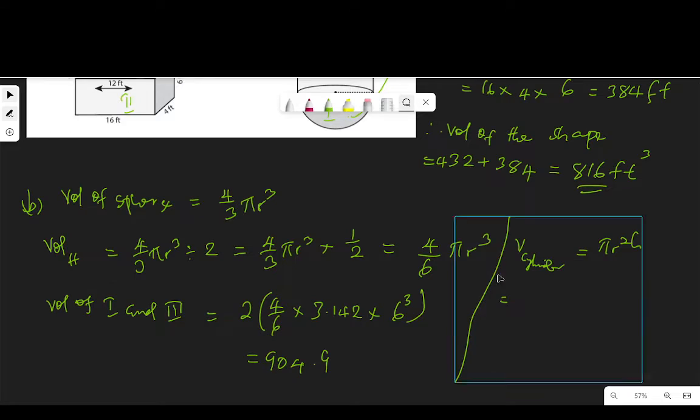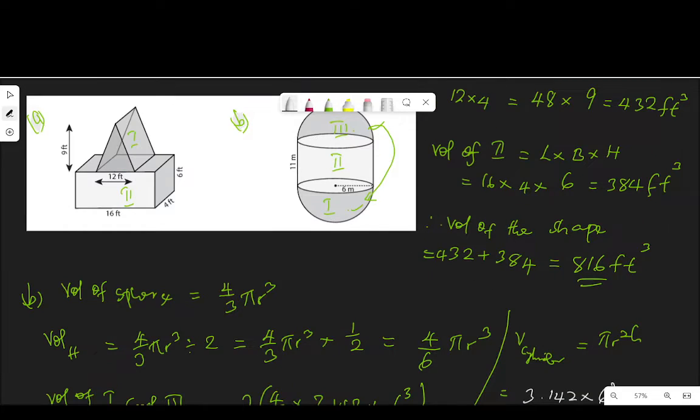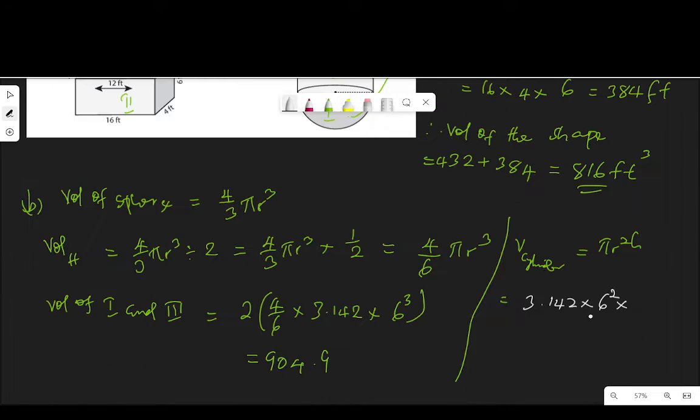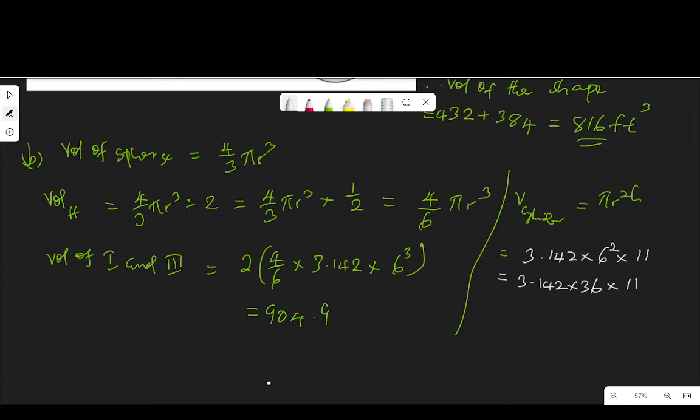Pi is approximately 3.142 times the radius, which is 6 squared, times the height of the cylinder, which is 11. That will be 3.142 times 36. 6 squared is 6 times 6, times 11.